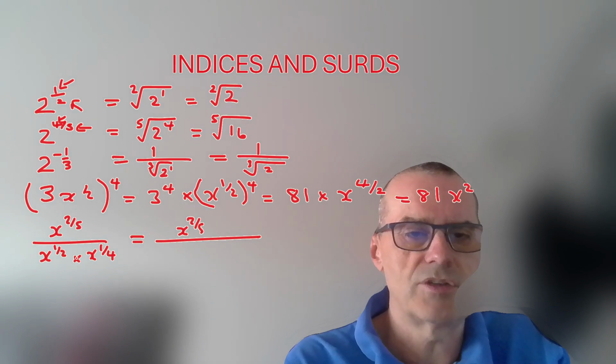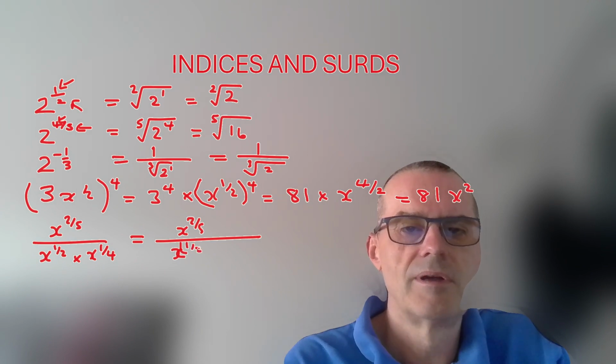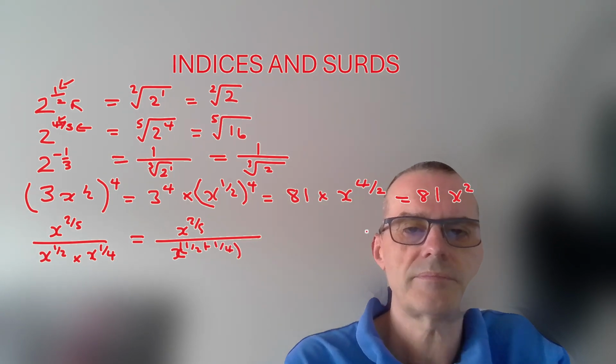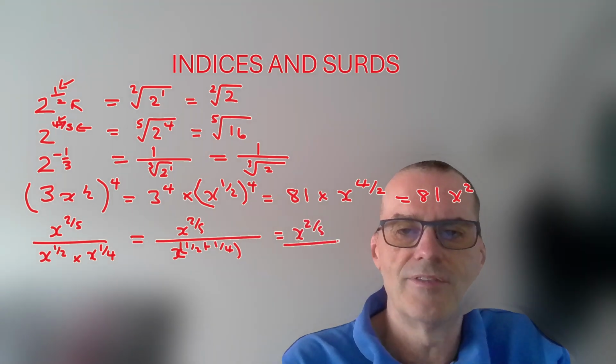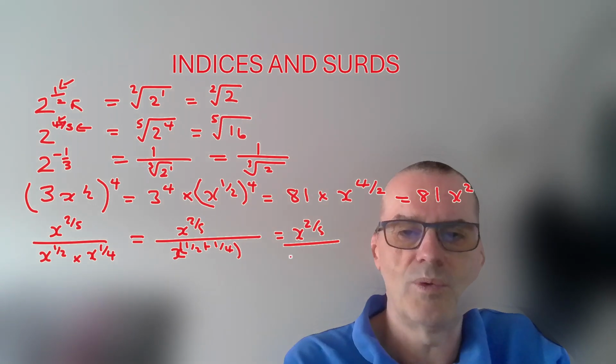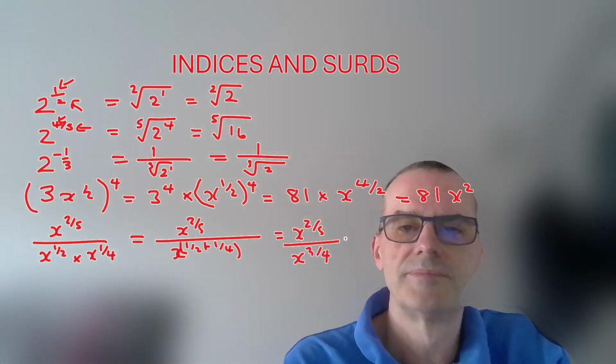When we have a multiplication sign, we can add the fractional exponents. So we get x to the power of 1/2 plus 1/4. Half plus a quarter is 3/4. So we get x to the power of 3/4.